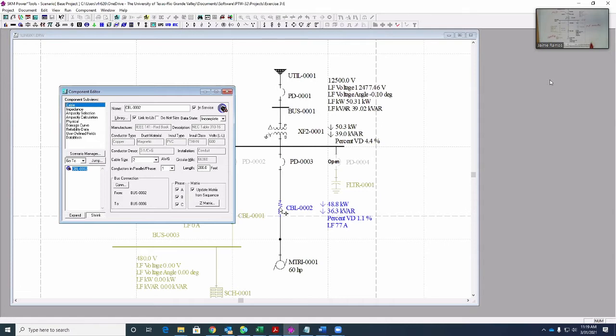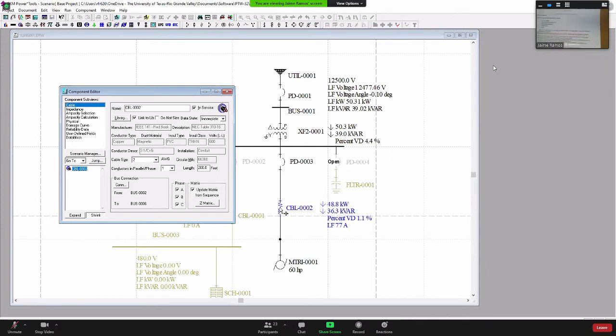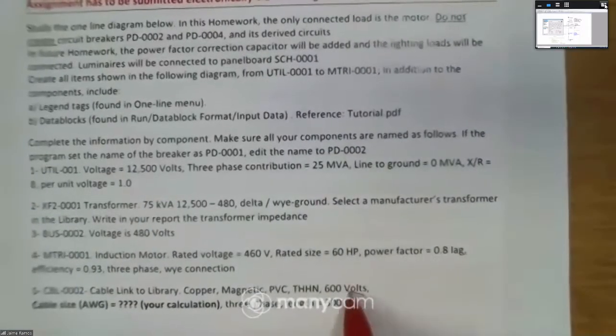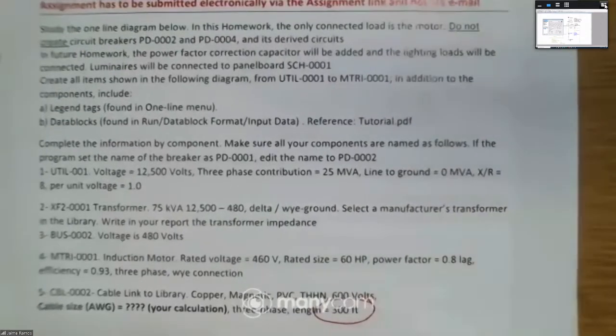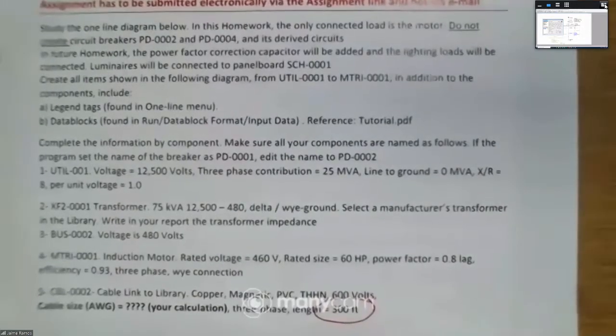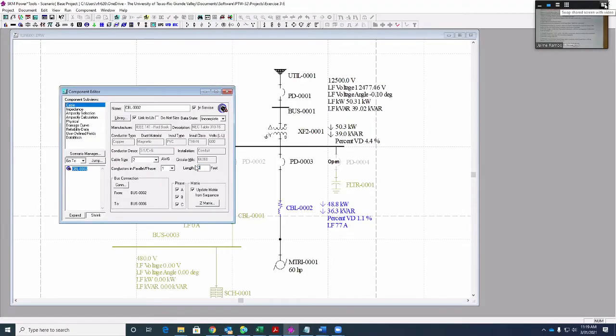The length of cable is 200 feet. According to the book, it should be 300 feet right here. So let's put here 300 feet, okay? 300.